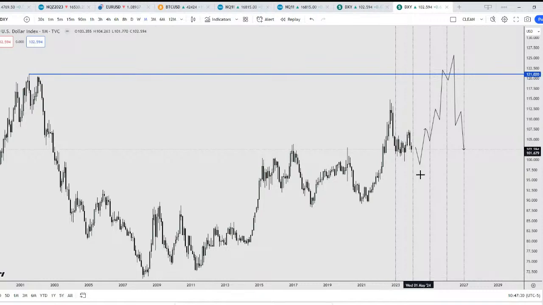Accumulation, manipulation below the low of Q1, and then distribute above these highs here by Q2, okay? And then Q3 continuation higher into the higher time frame objectives. And once it reaches there, Q4, it's going to be a reversal. This is going to be a span of 3 years moving forward. Okay, 2024, 2025, and 2026.